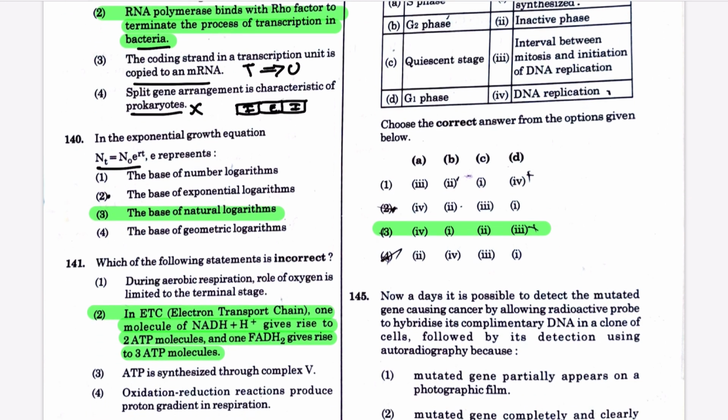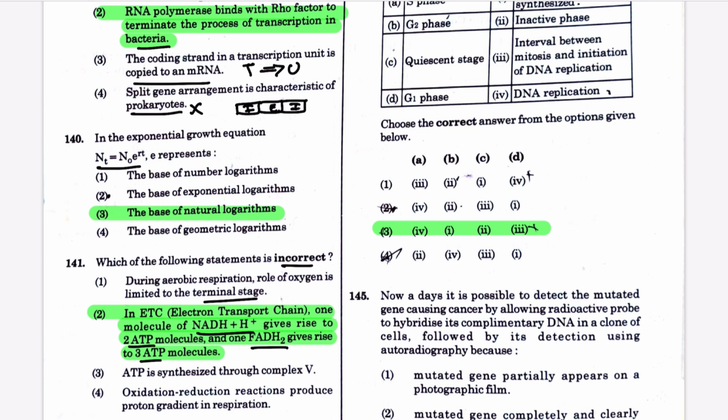Okay, so 141, they are asking you the incorrect statement, right? During aerobic respiration, the role of oxygen is limited to the terminal stage. This oxygen will come only at the end, and it will act as the final electron acceptor. This is right. But check the second option, in the electron transport chain, one molecule of NADH plus H plus will give rise to 2 ATP molecules and one FADH2 will give rise to 3 ATP molecules.